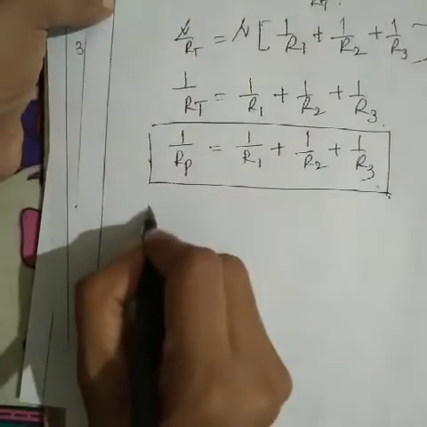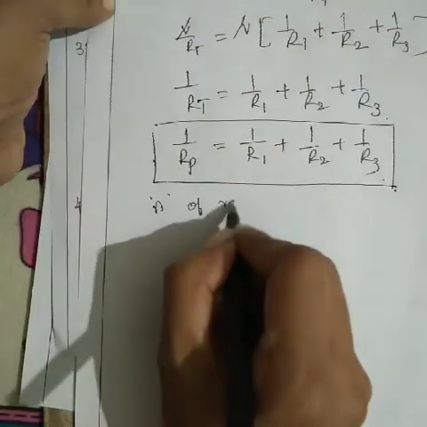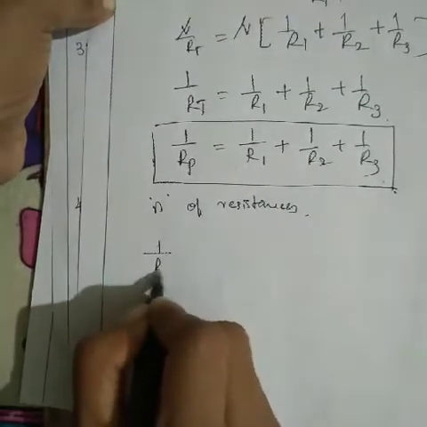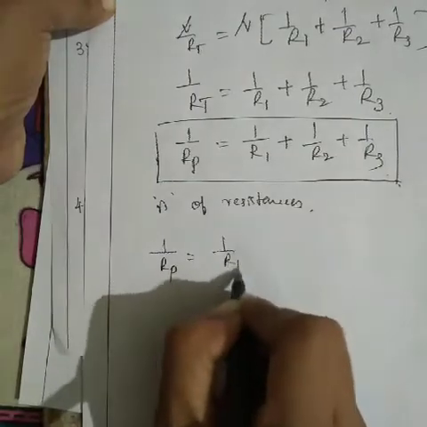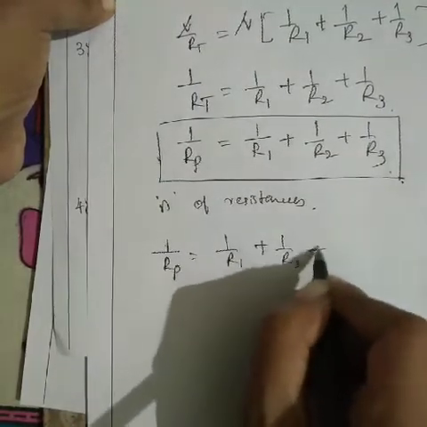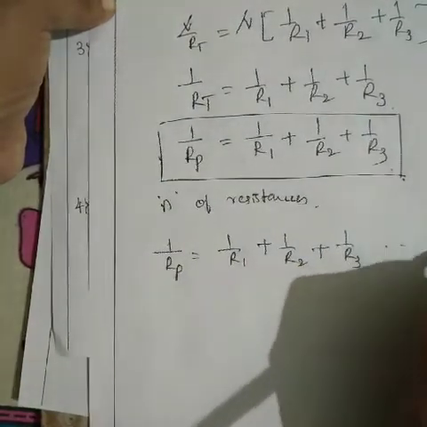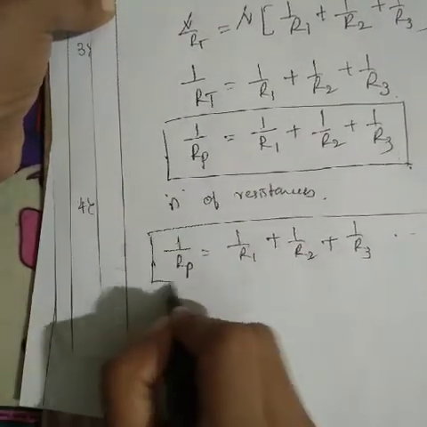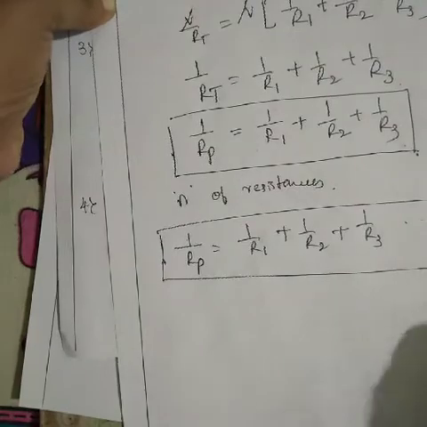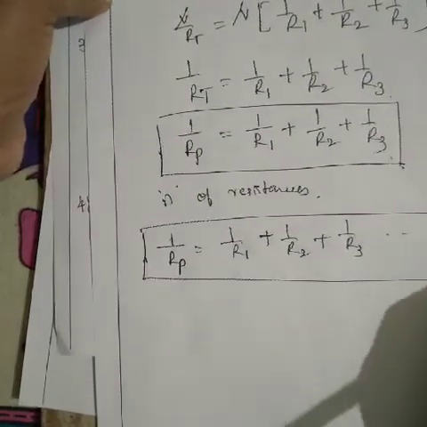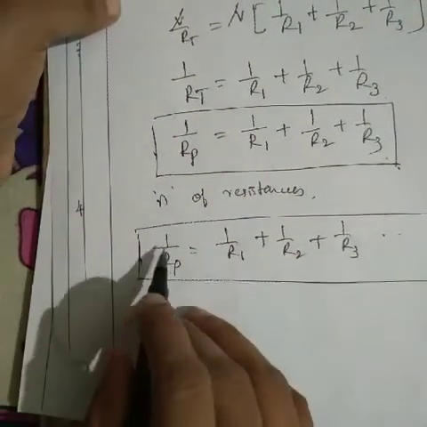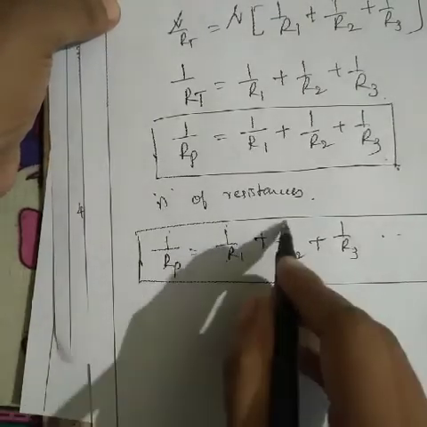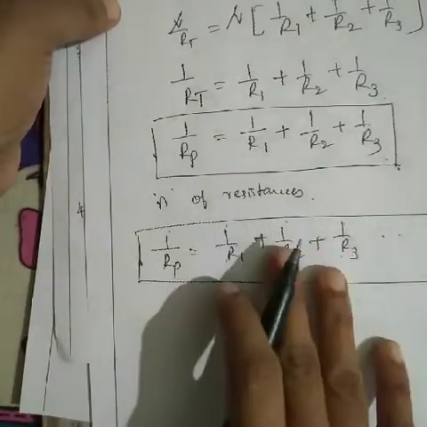If n number of resistances are connected in parallel, then 1 by Rp is equal to 1 by R1 plus 1 by R2 plus 1 by R3 up to Rn, measured in ohm. This is the analysis of parallel electric circuits.